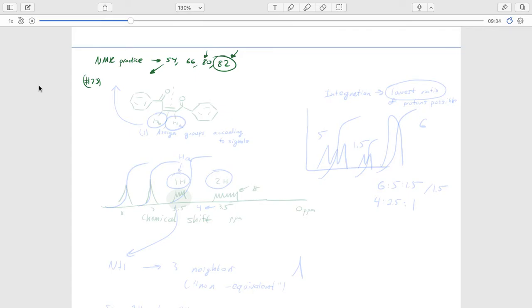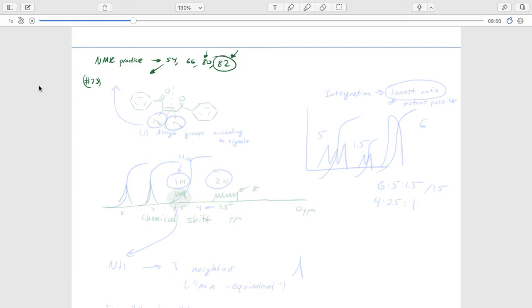So looking at 73, the following spectrum appears in an old catalog of proton NMR spectra of organic compounds. This is problem 73. Is the assignment structure correct? What's wrong with the assignment?